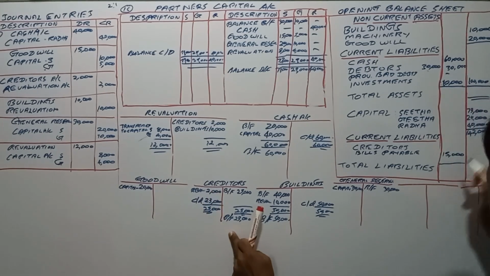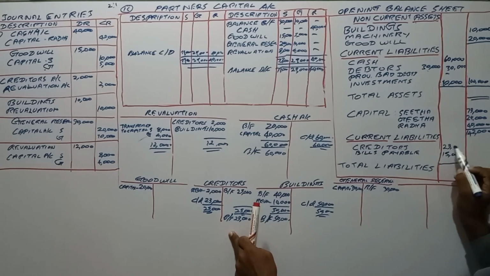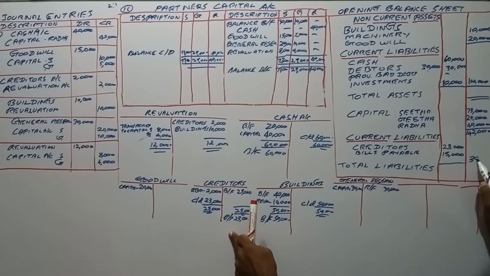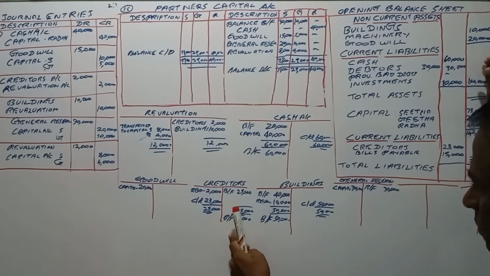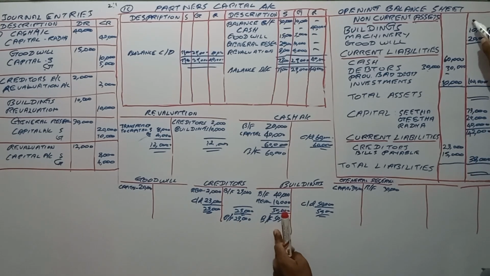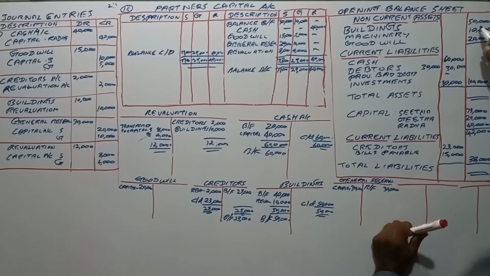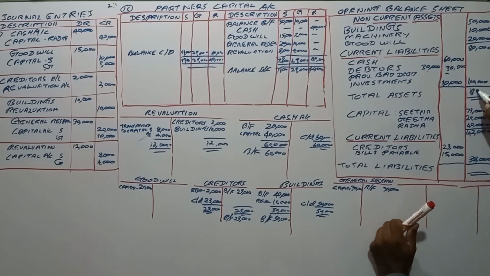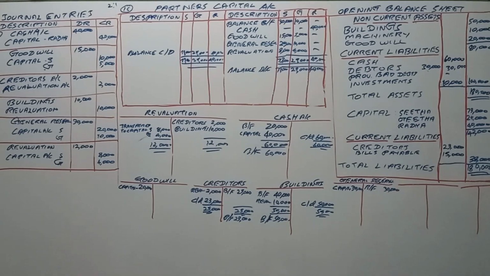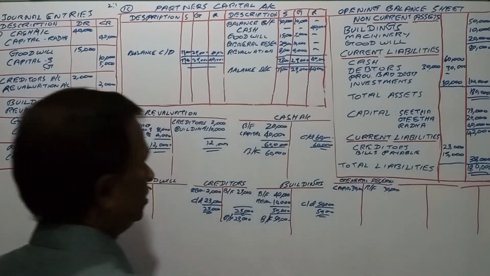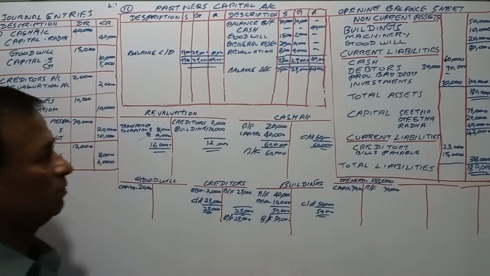Creditors are 38,000, and buildings are 50,000. General reserve nothing. Total 180,000 and 180,000. Right? This balance sheet is balancing.